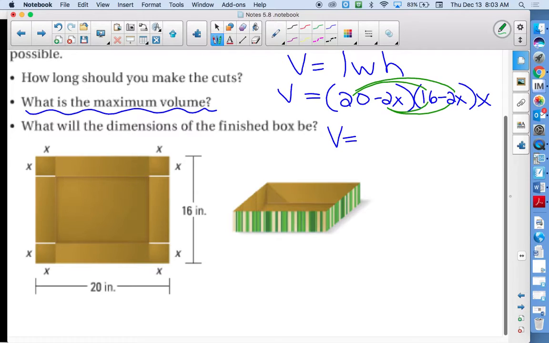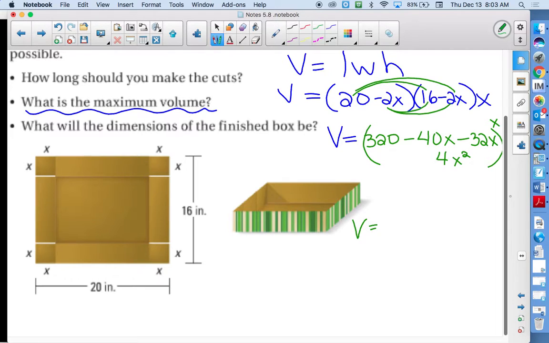So Mackenzie Myers, 20 times 16 would be 320. 20 times negative 2x. Negative 2x times 16. And then negative 2x times negative 2x. Good. All of this is still times x. I just can't fit mine in.